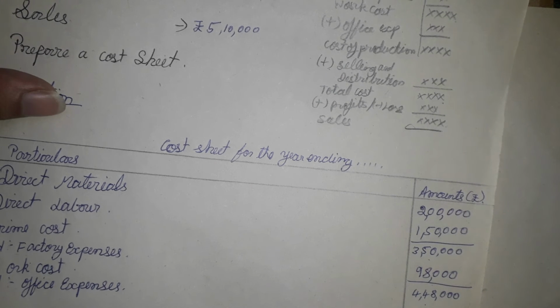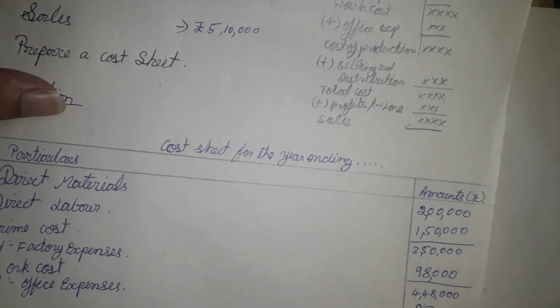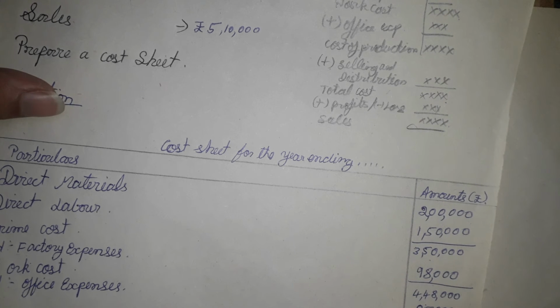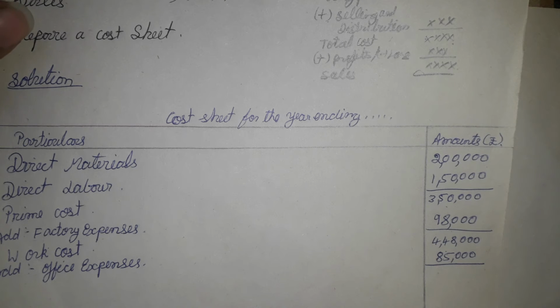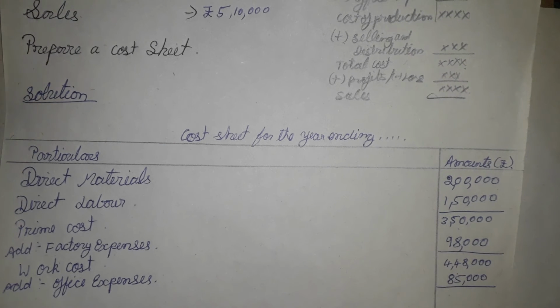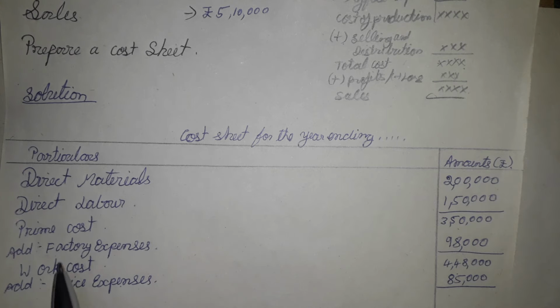Sometimes, again I'm repeating, in the question they might not give us directly. So at that point of time we have to calculate it. For example, if they give us salaries for office staff or rent of office paid, such expenses are also considered as office expense and recorded here and added to our work cost. Clear?